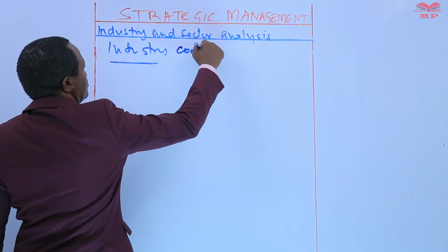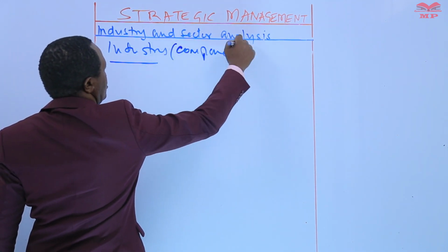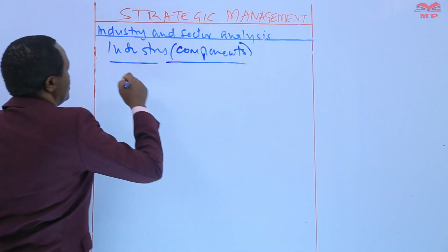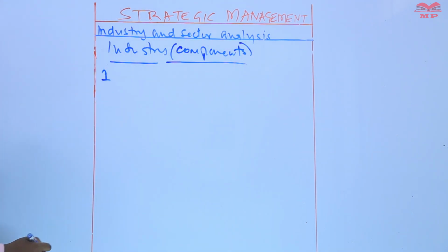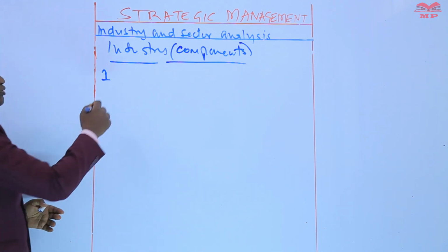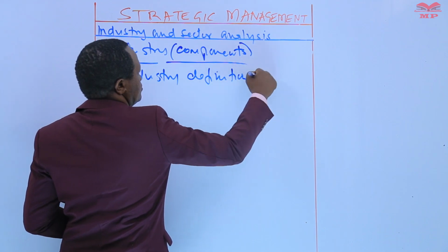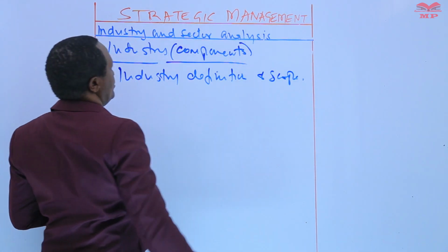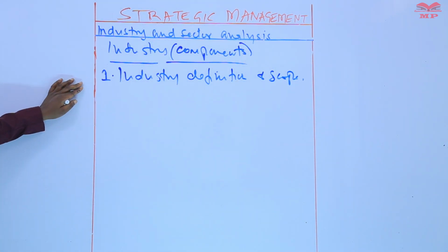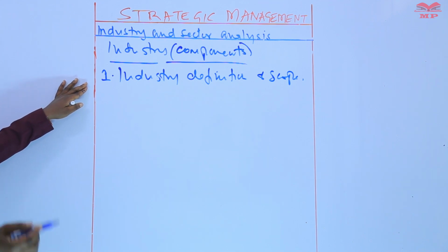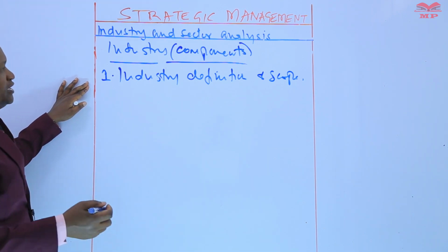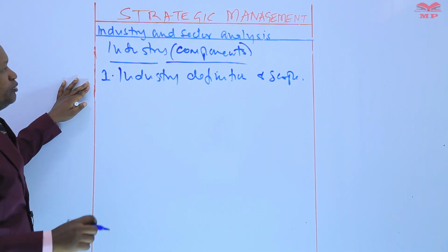Components. What are the components? The first component is industry definition and scope. When carrying out industry analysis, it's critical to define the industry scope.